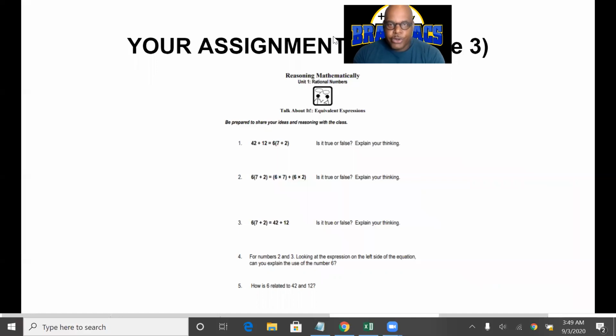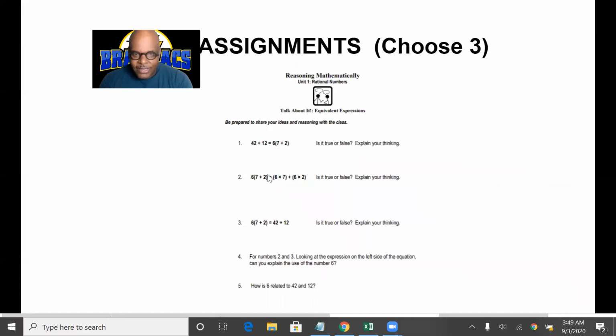So I want you to choose 3 of them and figure out if this equivalent expression is true or false. So that means, does the left side of the expression equal the right side of the expression? If it's true, they equal. If it's false, they are not equal. And either way, I want you to explain your thinking. But I only want you to do it for 3 of them.